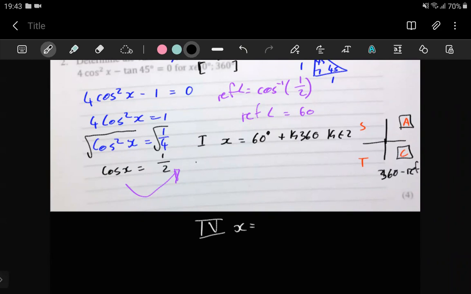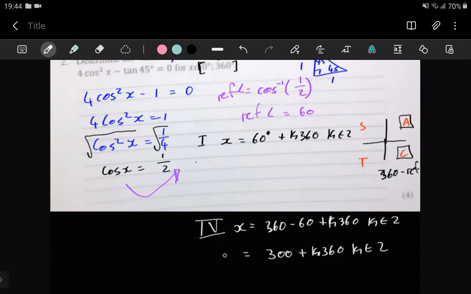This is going to be 360 minus the reference angle, and then plus k 360, k is an element of integers. So this is going to be 300, and then plus k 360, and k is an element of integers. And then you are done.